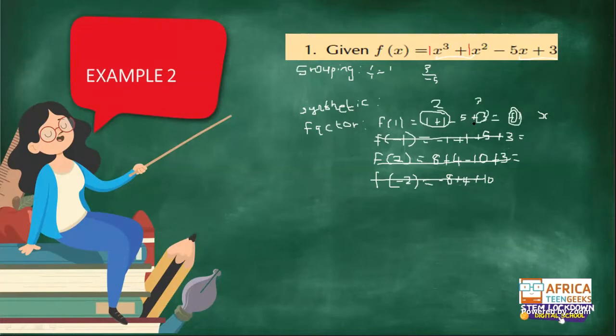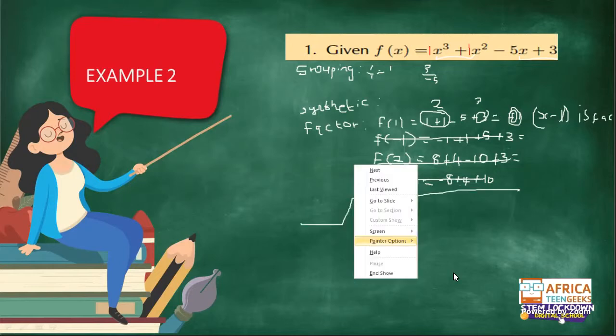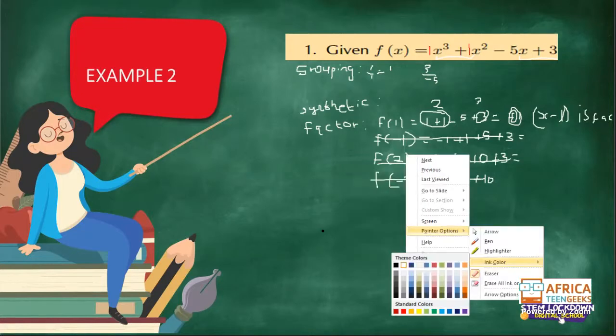So our x minus 1 is a factor. Okay, is a factor. So let's say we're trying long division. Thank you guys for seeing that mistake. Okay.